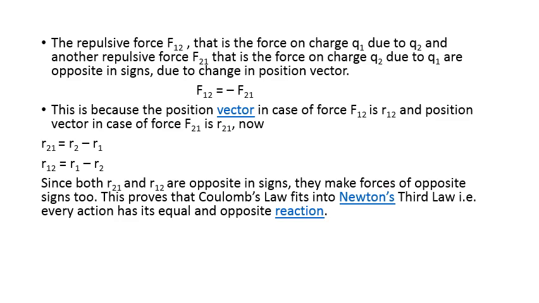This is because the position vector in case of F12 is R12 and in case of F21 is R21. And we know that R21 is equal to R2 minus R1 and R12 is equal to R1 minus R2. Since both are opposite in sign, they make forces of opposite sign too.